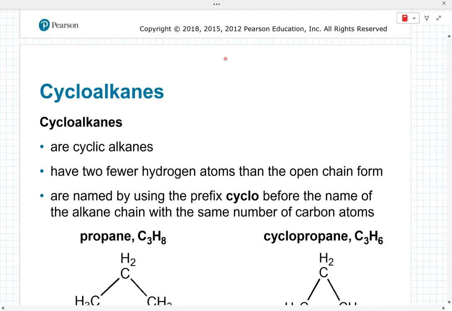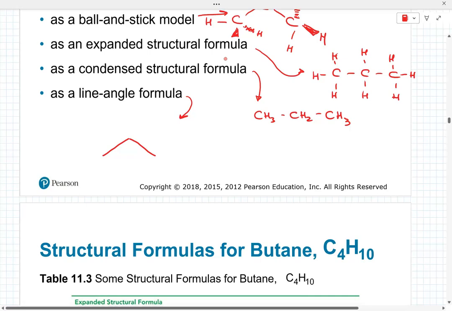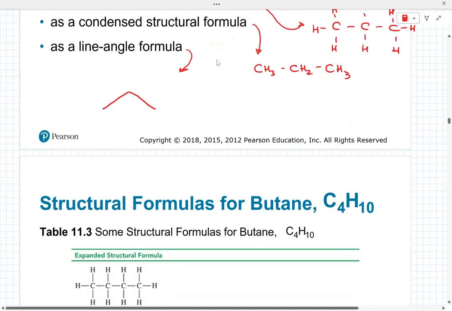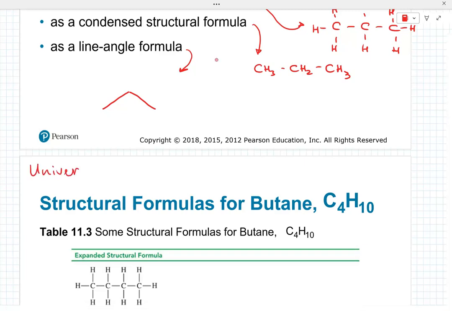Now, as a matter of fact, before we move on to cycloalkanes, I want to chat about the universal formula for alkanes. I'm going to give you a mental exercise.